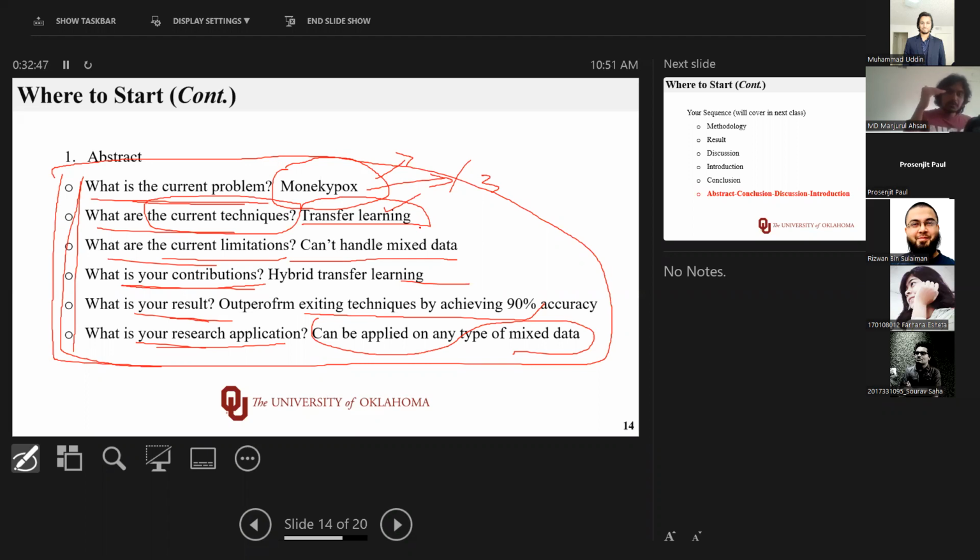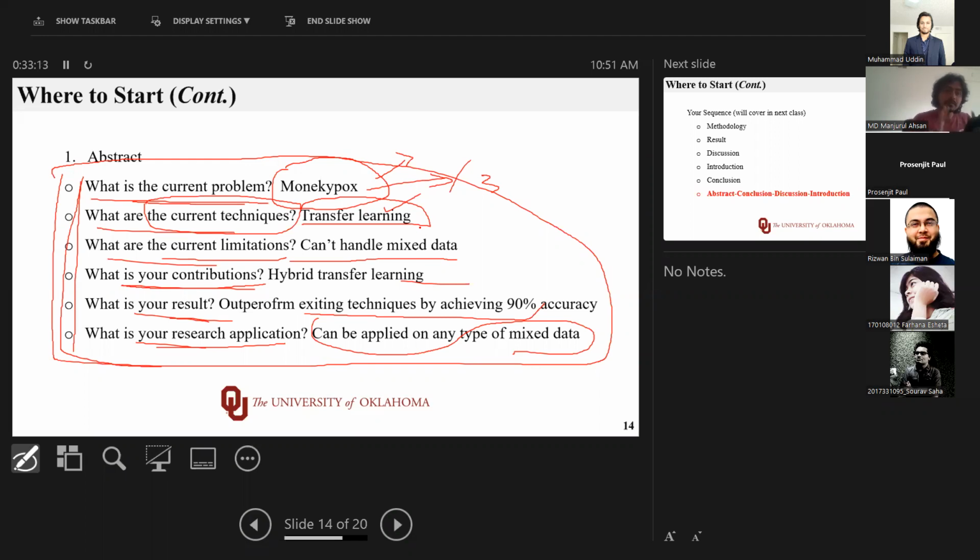Suppose you want to submit a paper to Nature Scientific Reports or another journal. They'll tell you your abstract should not be more than 200 words. If you follow this guideline, your abstract will stay within 200 words, and that's how you can be in a safe position.